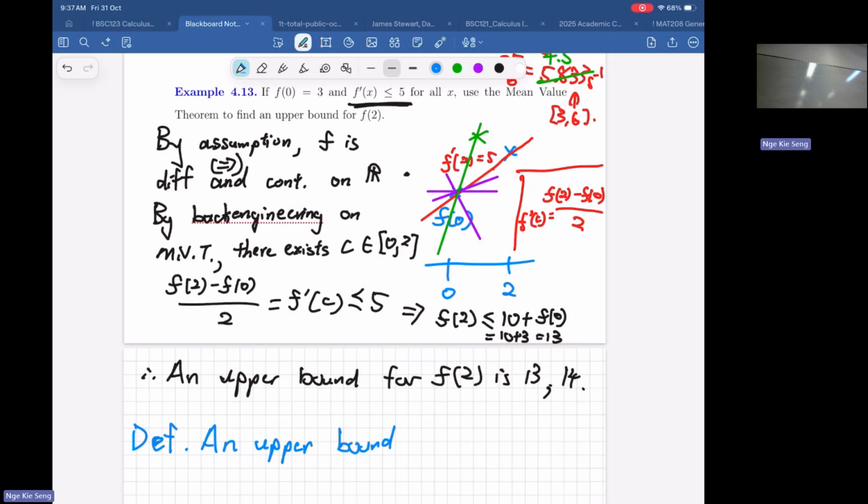Maybe f2 is just 13. So is 13 still less than 14? So it is an upper bound.